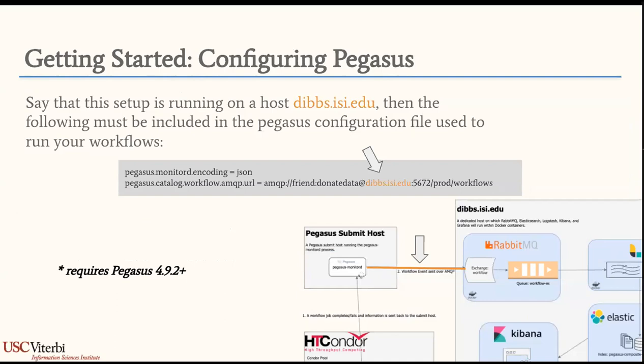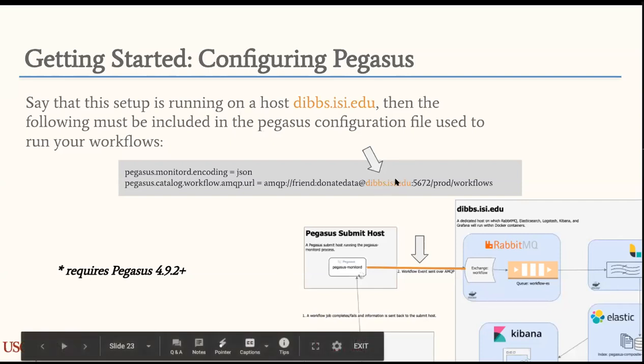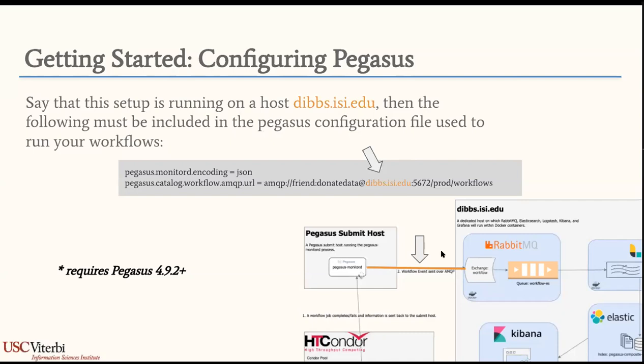So in this example, our host that we've set up the pipeline is dibbs.isi.edu. So you would set the pegasus.catalog.workflow.amqp.url accordingly as we have here. So dibbs.isi.edu, and that will establish this link right here. Note that you do need at least version 4.92 of Pegasus for this to work.